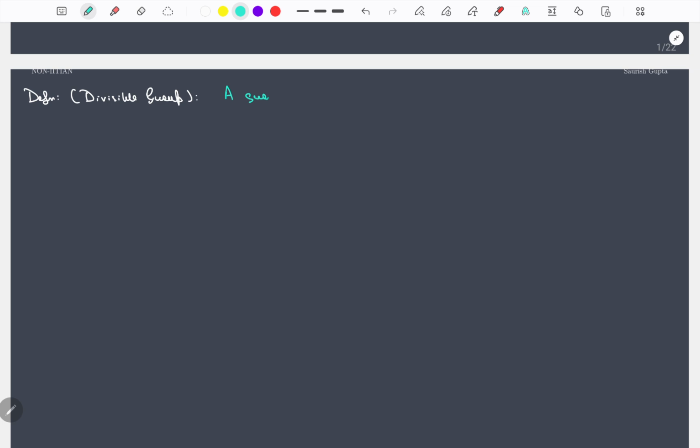So group G is said to be divisible if for all x in G and for all positive integer n there exists an element y in G such that y to the power n is equal to x.